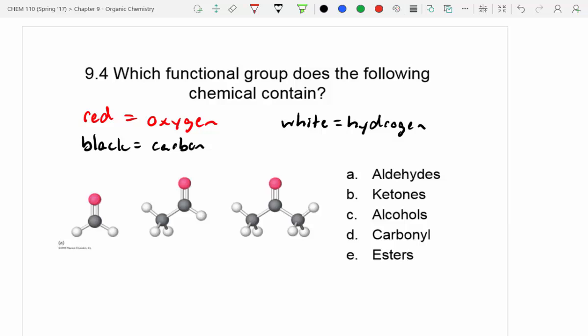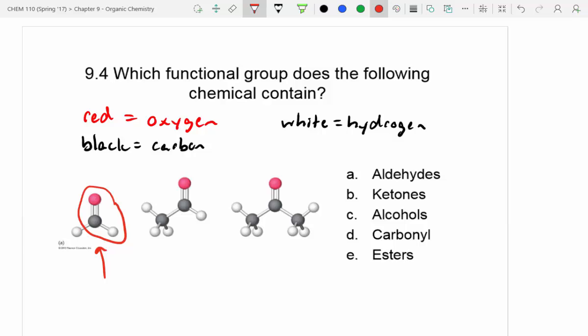Which functional group does the following chemical contain? And red balls are oxygen, black balls are carbon, white is hydrogen. Well, let's identify this one on the left. So if the white balls are hydrogen, what's this functional group?